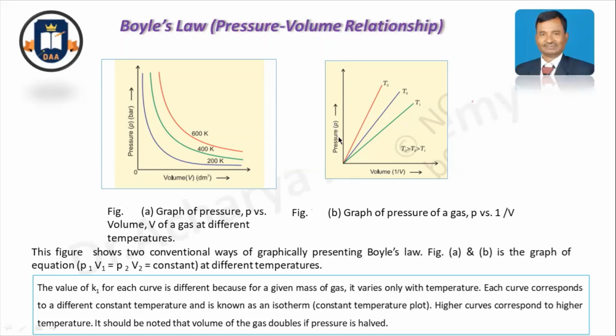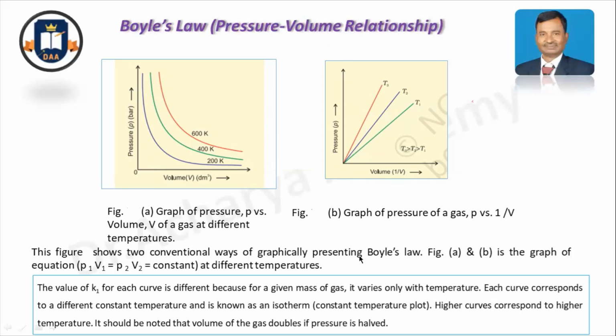When the pressure P is plotted against 1 by V at different temperatures T1, T2 and T3, this type of straight line comes. So on the left side we are getting curved lines, but on the right side it is a straight line.